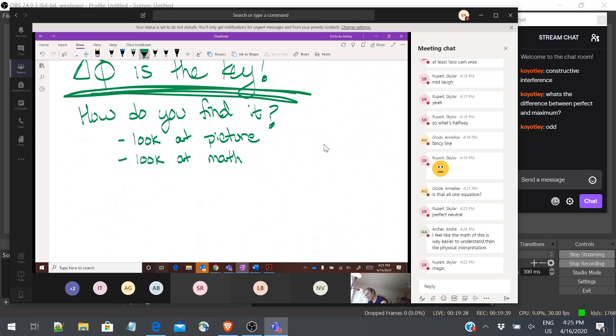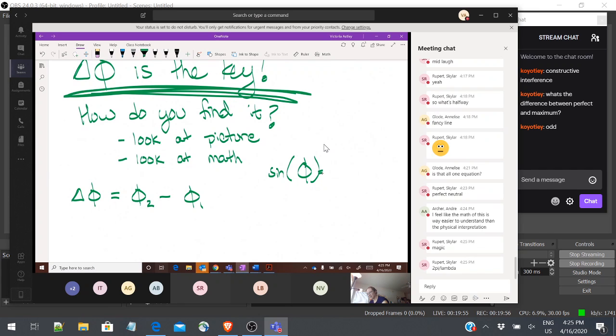Okay. So you have delta phi is phi for one of your waves minus phi for your other wave. We know that phi is everything that is inside the sine, right? So that is kx plus or minus omega t plus phi naught. Okay, 2 pi over lambda, yeah, but the whole thing.